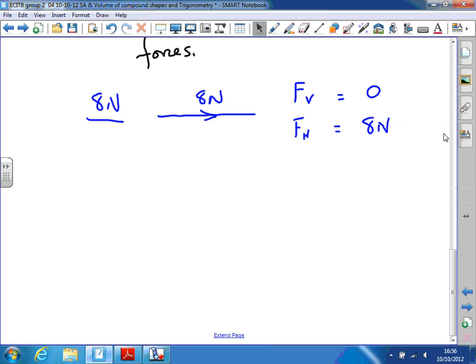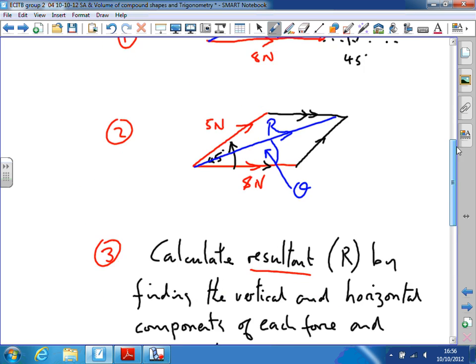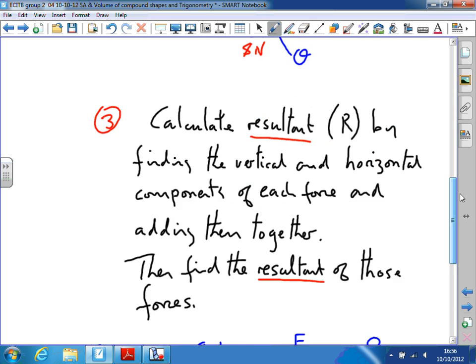And then the 5 Newton force, of course, now is a bit more awkward. The 5 Newton force is acting at 45 degrees.